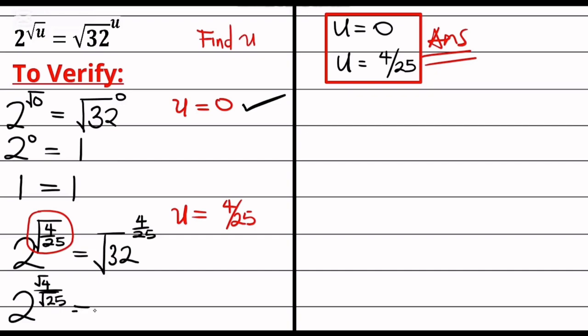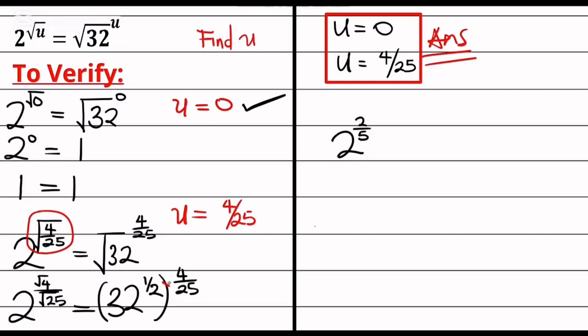And here also, the square root is the same thing as the power of half, so we have 32 raised to the power of half, put in parentheses, with the former power 4 over 25 still there. Now the square root of 4 is 2, and the square root of 25 is 5. Considering the positive value, we now have 2 raised to the power of 2 over 5.